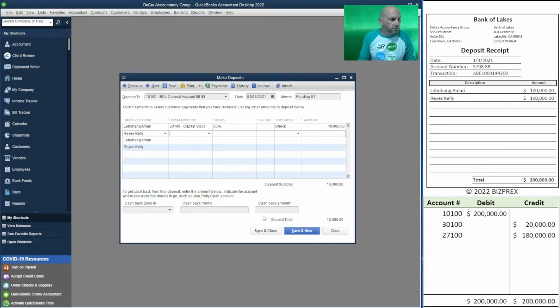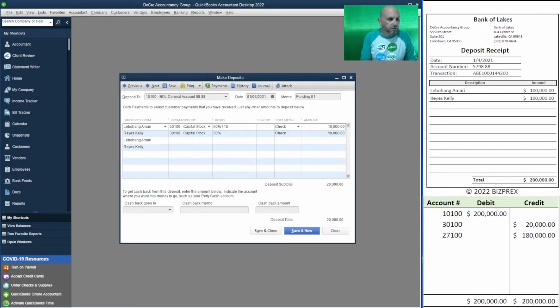And this is also capital stock, 50%. Let's say they're $1 a share, right?